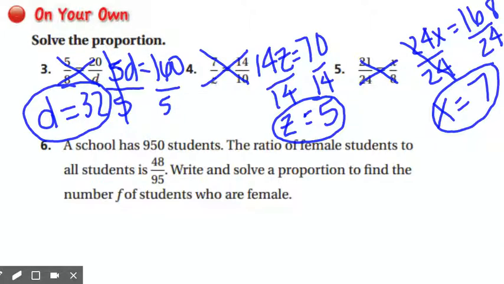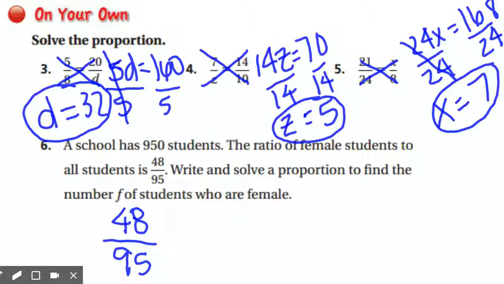It says a school has 950 students. The ratio of female students to all students is 48 over 95, or 48 to 95. Write and solve a proportion to find the number f of students who are female. So if we have, they already gave us 48 over 95.